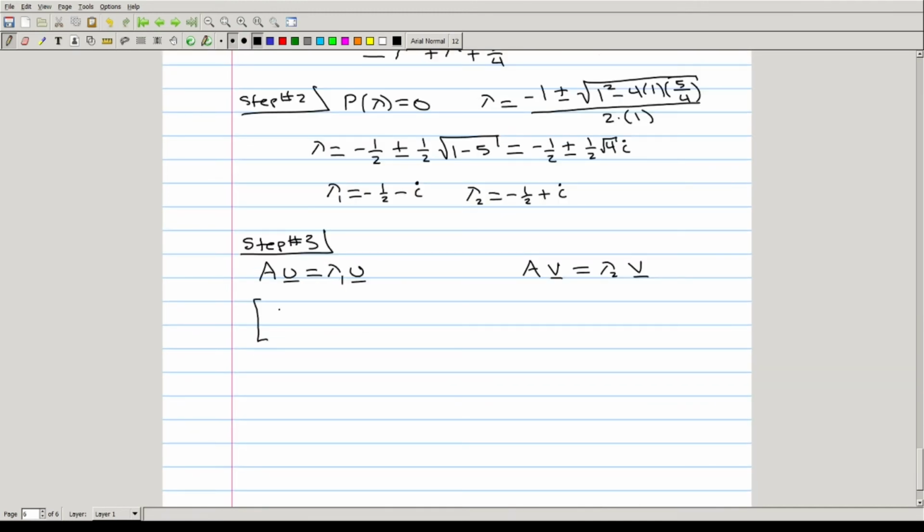which can be solved using standard methods from linear algebra. So you can solve a given system like this in many different ways. The easiest way is probably using the reduced row echelon form, but you have to remember that these values are going to in general be complex.